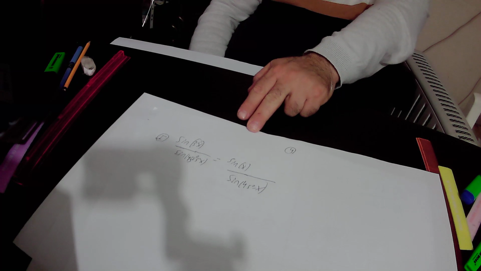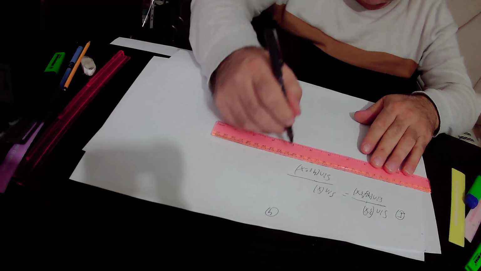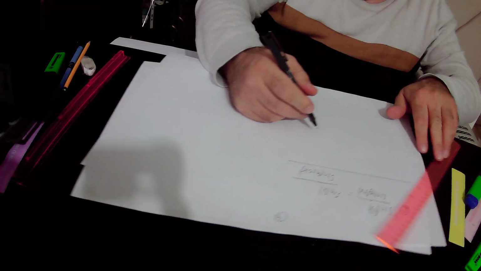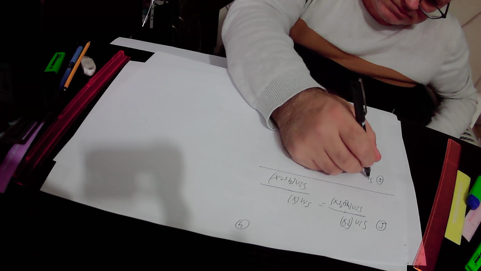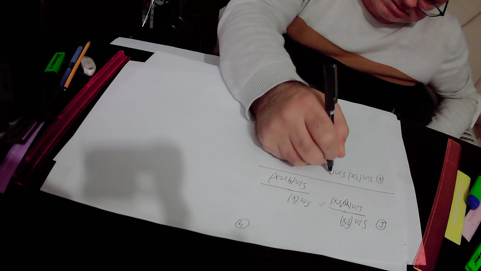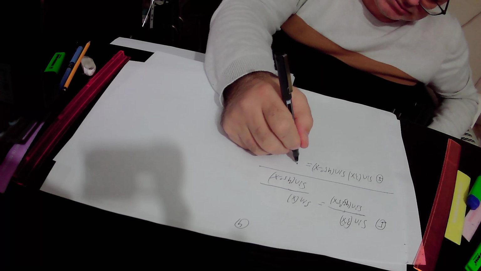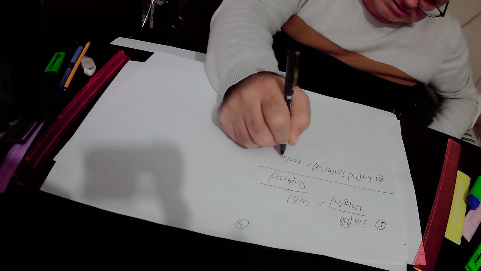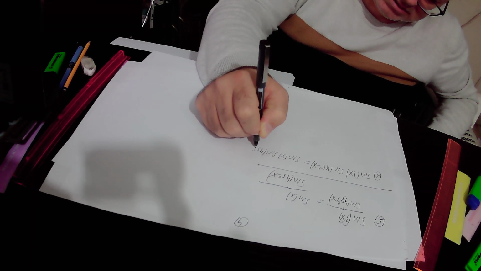Here we will cross multiply equation number 1 and we will get that sine 3x times sine 45 degrees minus x equals sine x times sine 45 degrees plus 3x.